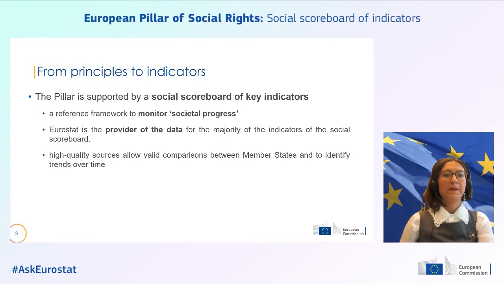And we are using high quality sources, especially the European Labour Force Survey and the Income and Living Conditions Survey, EU-SILC, to provide this data so that we can have valid comparisons between member states and to identify trends over time.